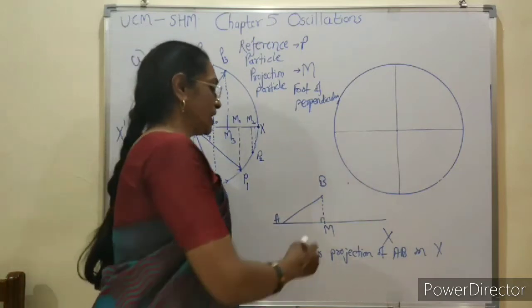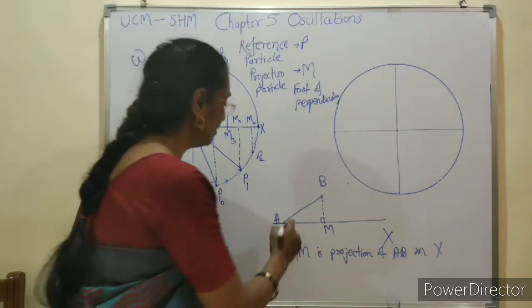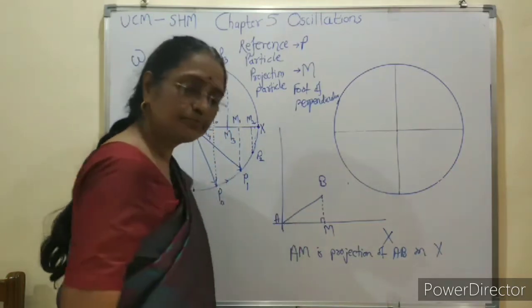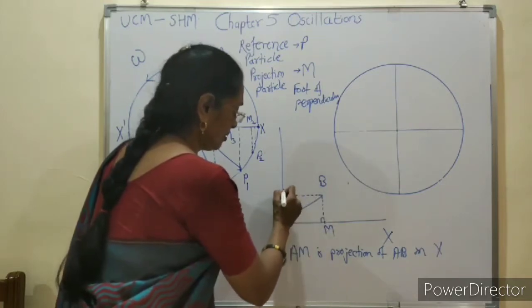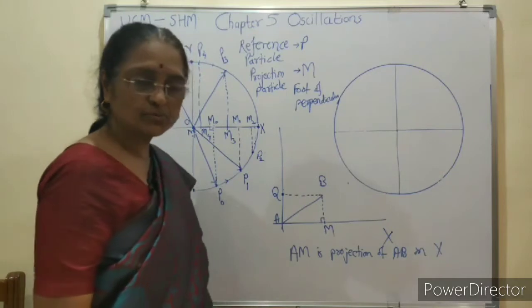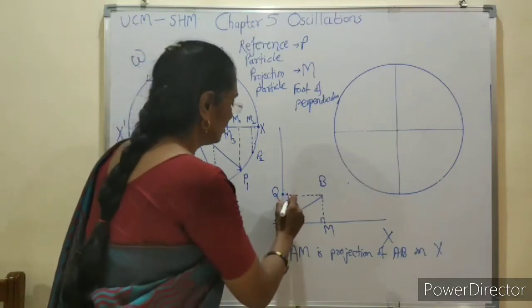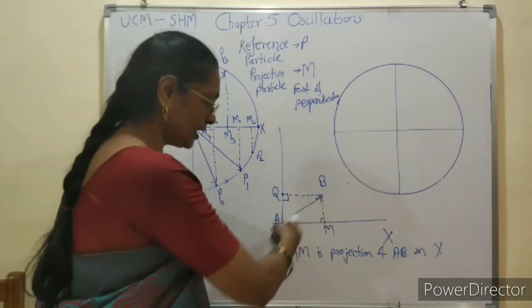If it is asked what is the projection of AB on the y-axis, then we draw the y-axis and draw a perpendicular. It intersects at point Q. Q is called the foot of the perpendicular of this AB vector or AB line.